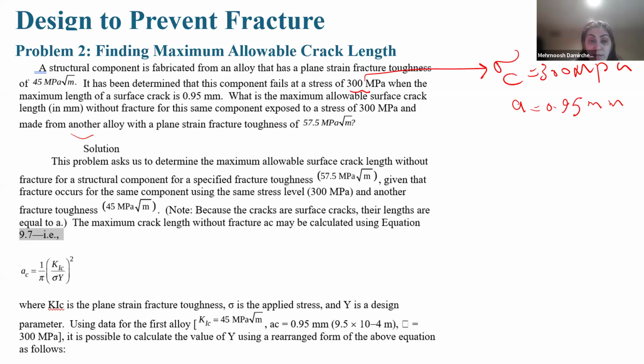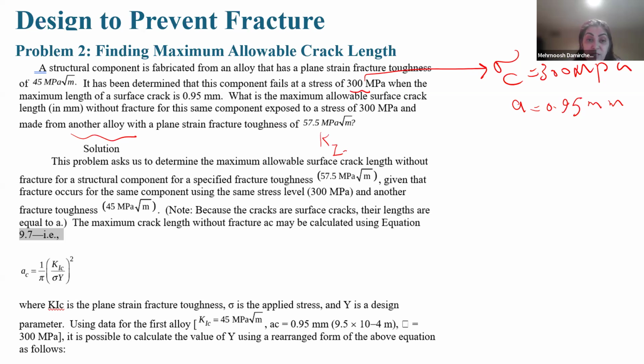It's very important. I told you that K1C is a kind of material property, so for different materials we have different fracture toughness. The other alloy has a plane strain fracture toughness of 57.5 megapascal root meters.